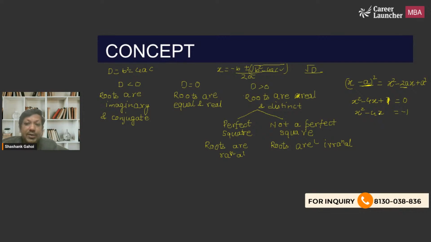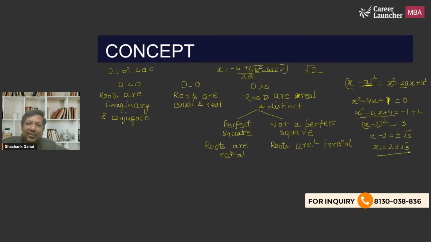What is the coefficient of x? That is minus 4. What is half of it? That is minus 2. What is the square of minus 2? 4. So I am going to add 4 over here, and 4 over here. So LHS becomes x minus 2 whole square, and that is equal to 3. So it means x minus 2 is equal to plus minus root 3. So x comes out to be 2 plus minus root 3.